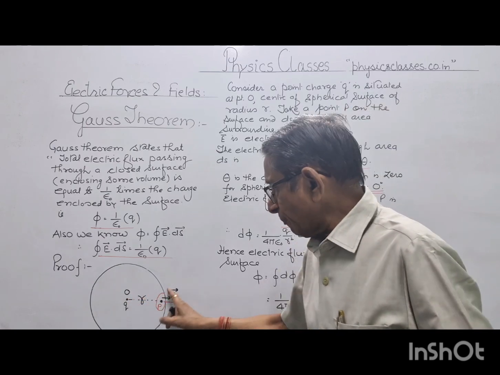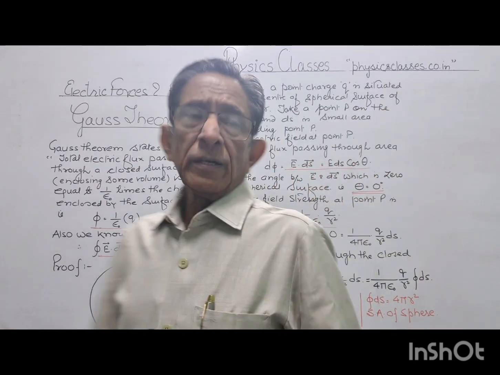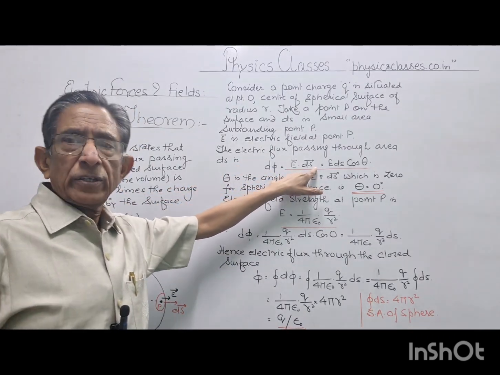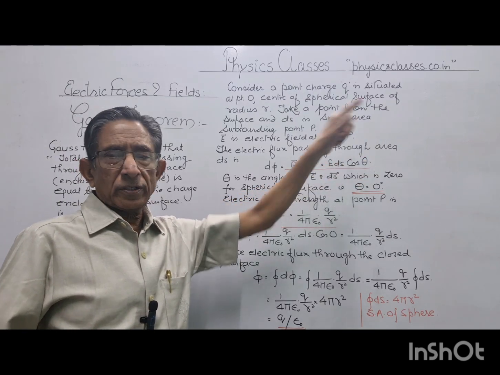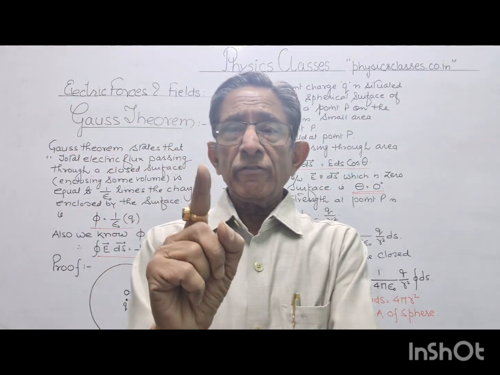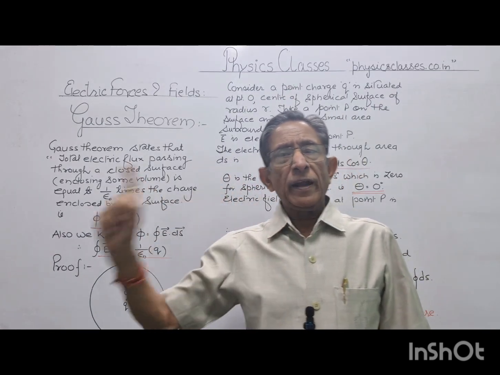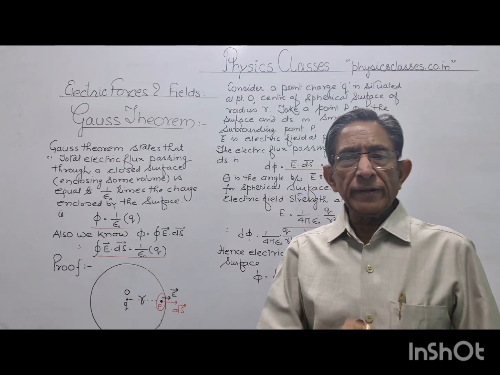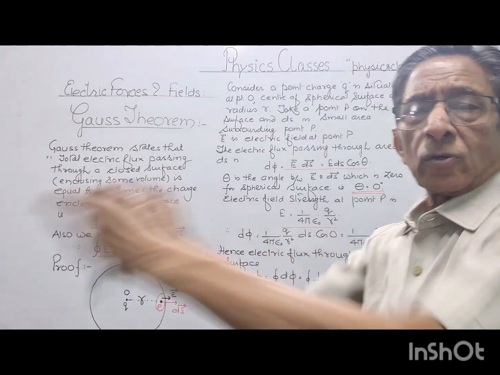So how much flux will pass through this area dS? We know flux is given by d phi is equal to E vector dot dS vector, or it is equal to E dS cos theta. What is theta? Theta is the angle between E vector and dS vector, that is electric field and area. For a spherical surface, remember that electric field and area are always parallel to each other.